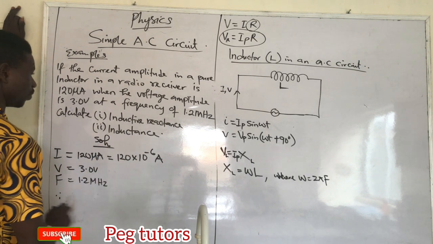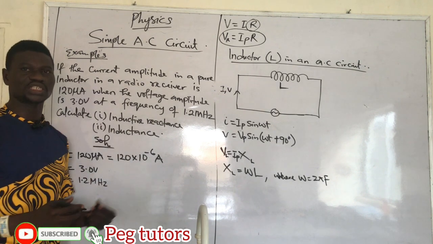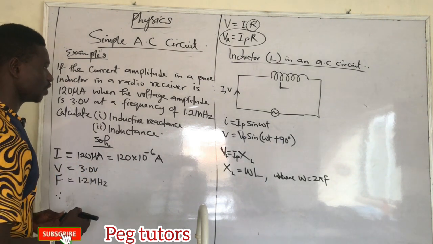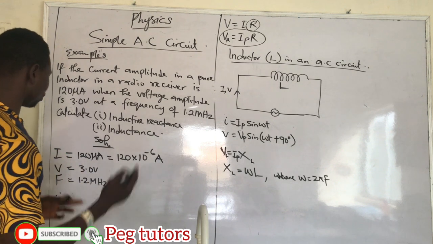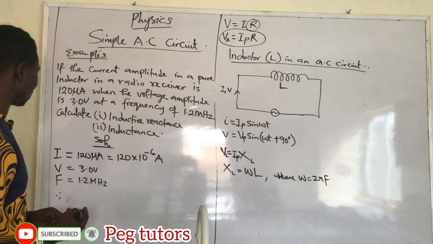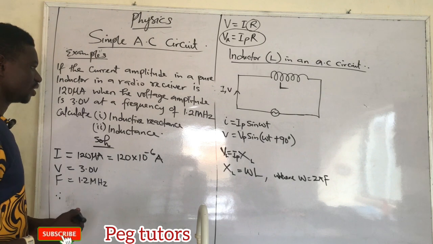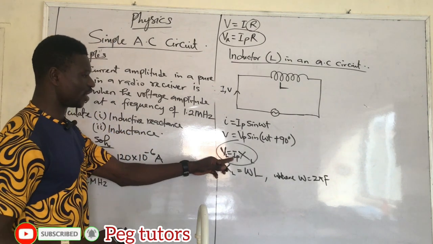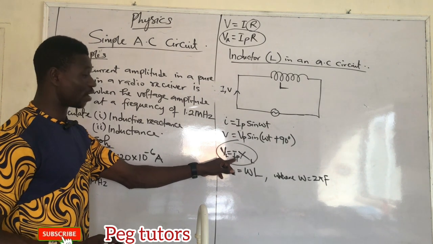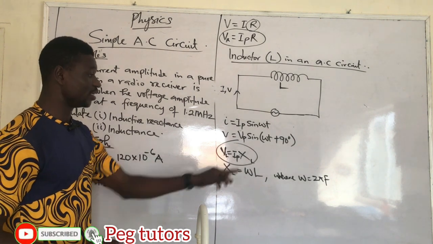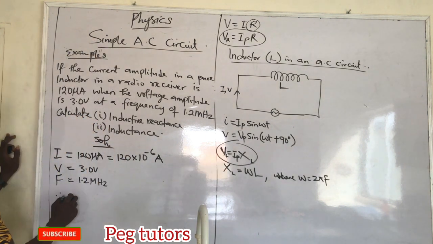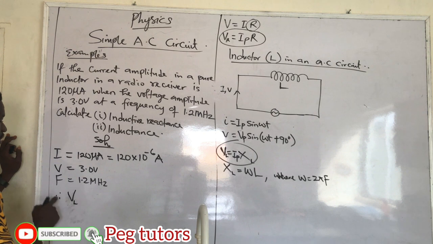So the first thing they ask you to find is the inductive reactance, which is XL. The question is, how do I find XL, knowing fully well that they gave me only the voltage, the current and the frequency? Remember the formula: VL equals IP, the peak current, times XL, where VL is the voltage of the inductor so connected.